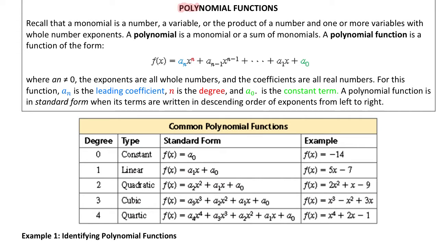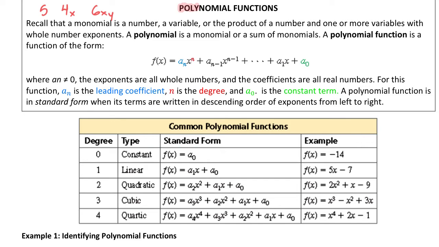So a monomial is a polynomial with one term. Examples of monomials are 5, 4x, and 6xy. Those are all monomials: either a number, or a number times a variable, or a number times multiple variables.